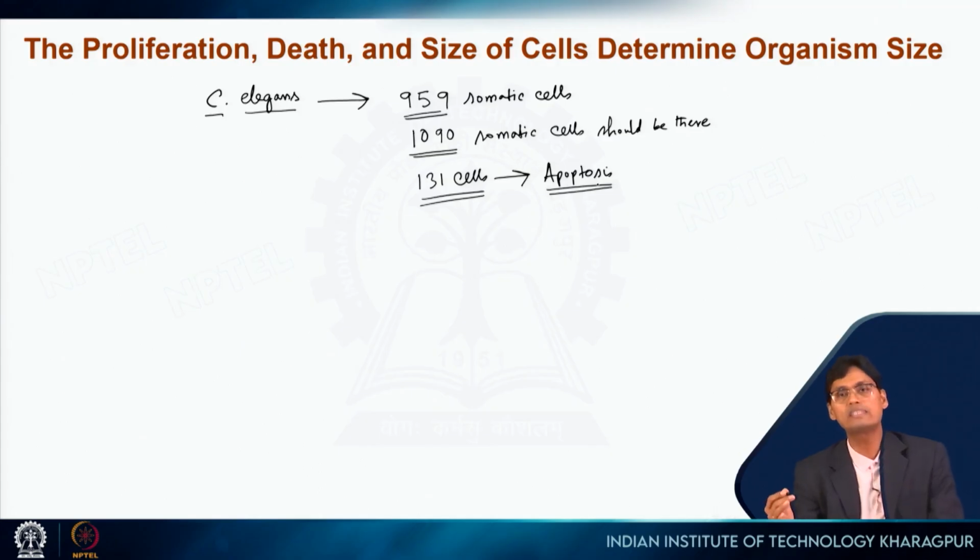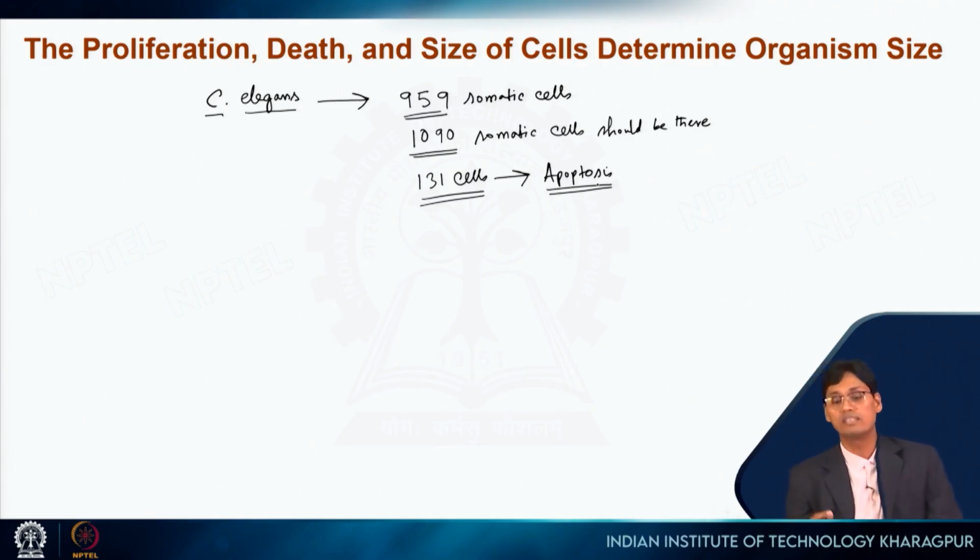After that, 1 or 2 weeks later, if you see the size of the C. elegans, the size of this worm gets doubled, but the number of somatic cells remains the same. Then what is the reason? The number of somatic cells remains the same, but the size of this organism is getting doubled.